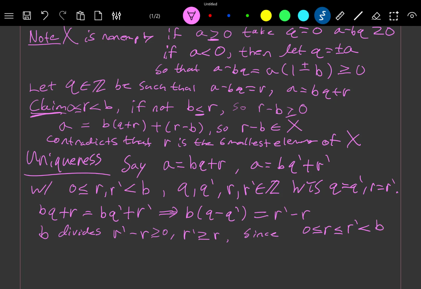If we subtract R from all of this, this tells us that R prime minus R is strictly less than B. R prime minus R is going to be less than or equal to B. Why is this true?